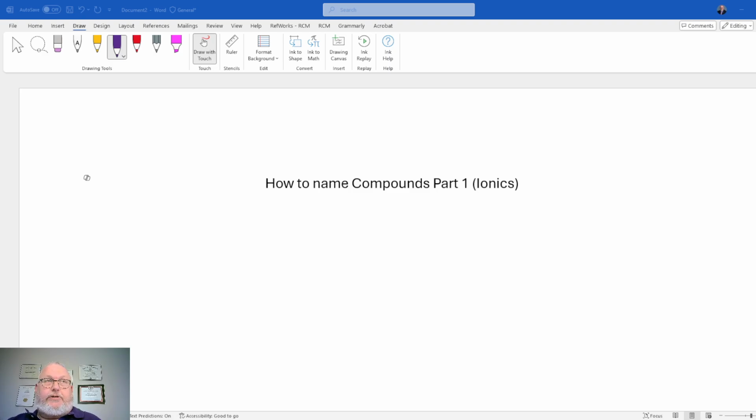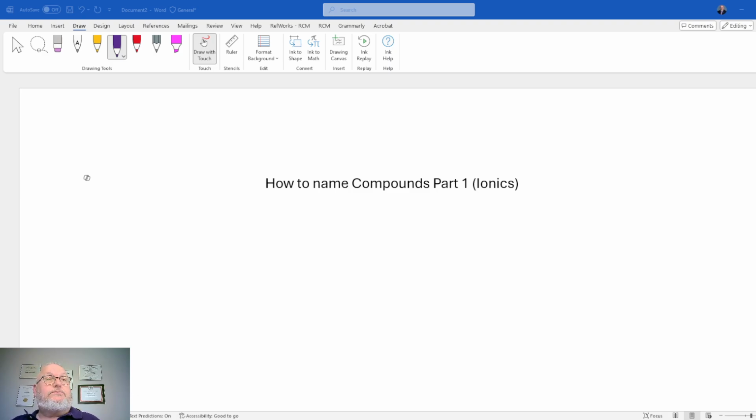Which is an electrostatic attraction between two ions. The other one is covalent compounds, and I'll make another video on that. So how do we write the formula for the ionic compounds? That's what we're going to talk about now. And how do we name it if we're looking at a formula for the compound?